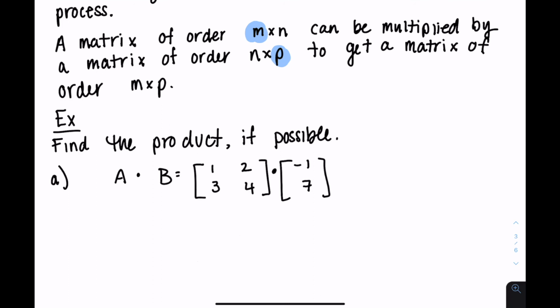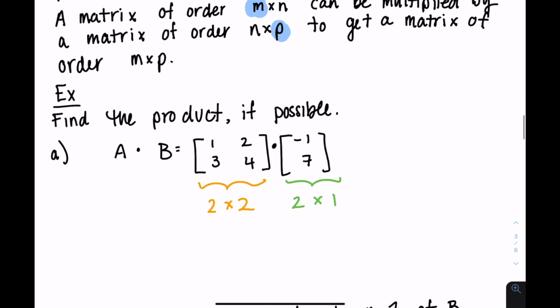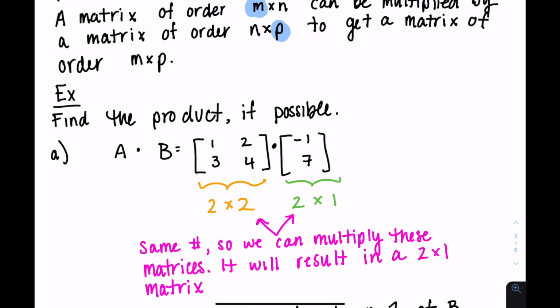Let's multiply A times B, and we've got this matrix A, this matrix B. This matrix is a 2 by 2. This matrix has 2 rows, 1 column. So here, this inside piece is the same number, so I can actually multiply them together. So these two have to match up.